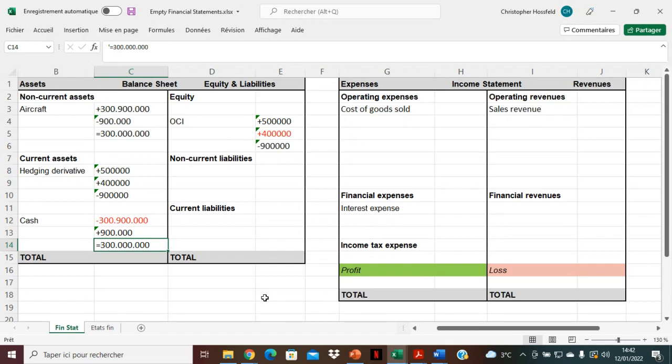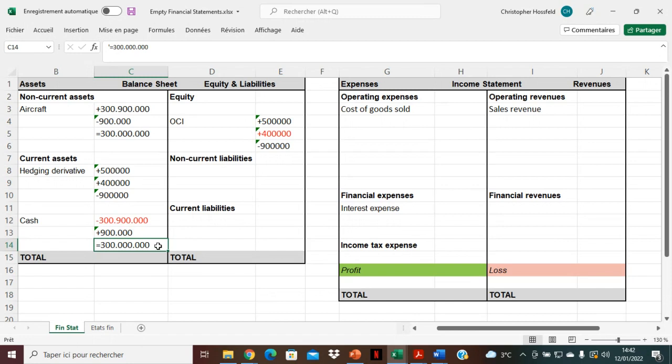The purpose of hedging is to mitigate risk, to reduce risk. That's what we do here. But obviously, if you reduce risk, you also may reduce the chance of making an extra profit. In our case, the purchase price of my aircraft will always be 300 million, independently of how the exchange rate dollar-euro moves.